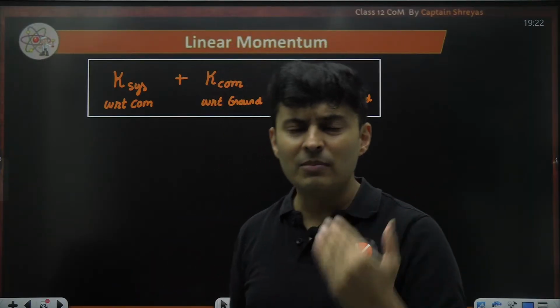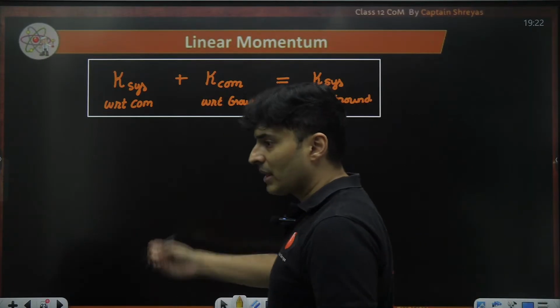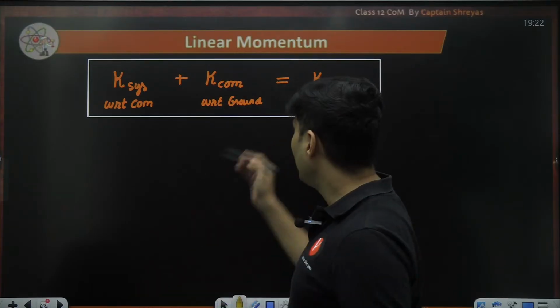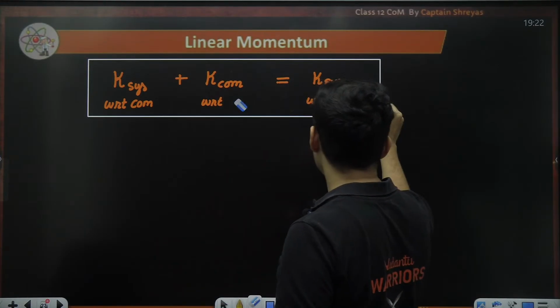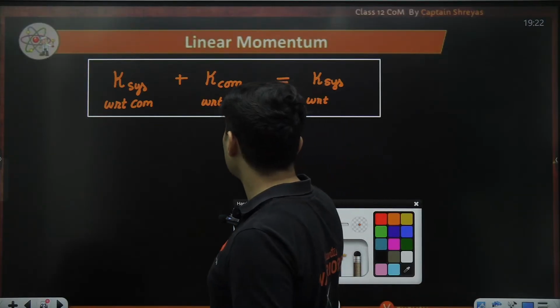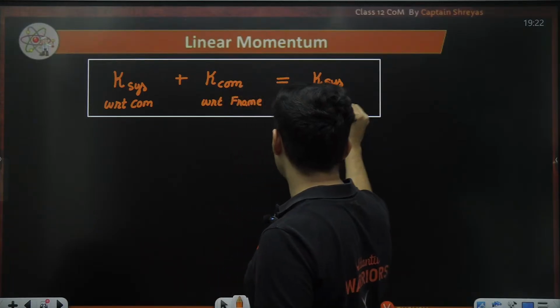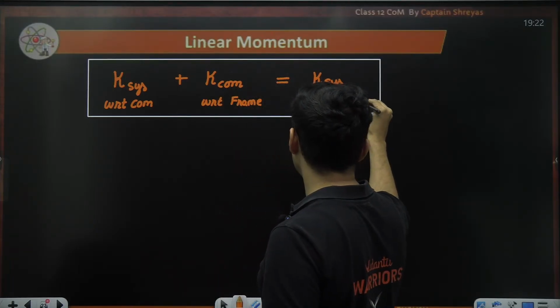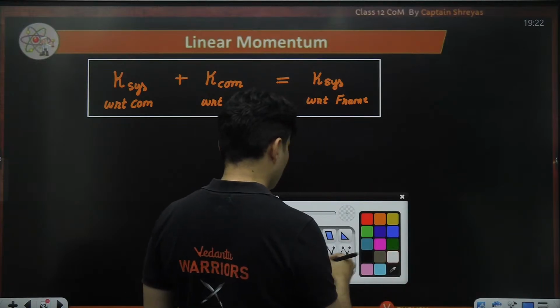Now, what is the direct implication of this? Let me tell you. Imagine if somebody decides not to sit on the ground frame, but some other frame. So this is not necessarily the ground frame. You can choose any frame. With respect to some frame, I can also put another frame over here. So think of it like this.